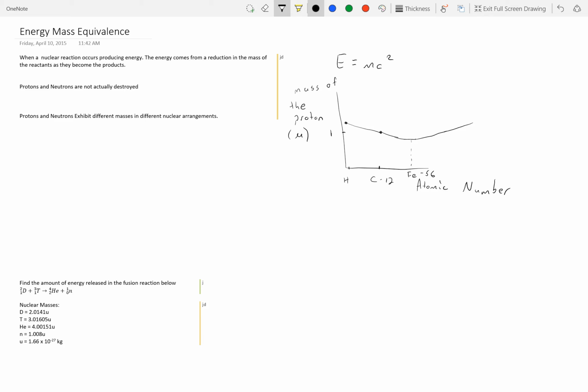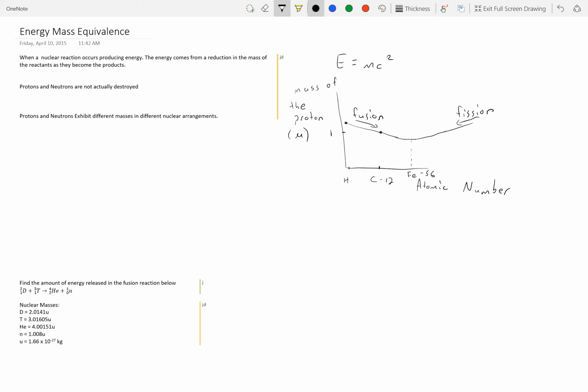And so as fusion processes happen, small atoms are built together to form larger atoms, and the reduction of the proton mass leads to enormous amounts of energy being released. Alternatively, in fission reactions, very large atoms are split apart, still heading towards this minimum in mass that occurs somewhere around iron-56.